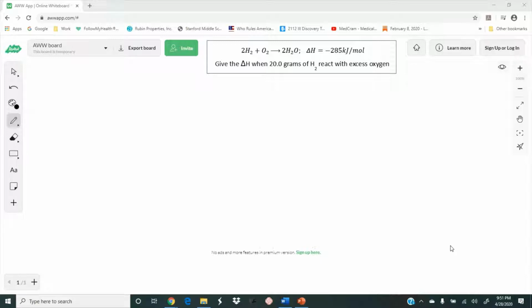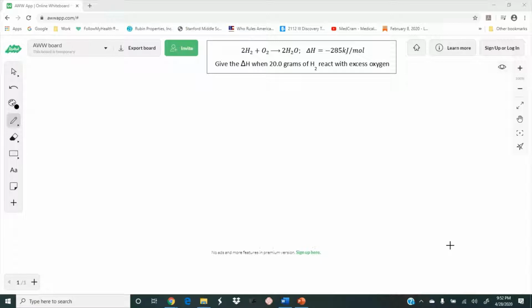Welcome. This first sample problem is going to be on using a thermochemical equation. Let's review what a thermochemical equation is. You have a chemical reaction: 2H2 plus O2 goes to form 2H2O. Hydrogen and oxygen are reacting to form water.